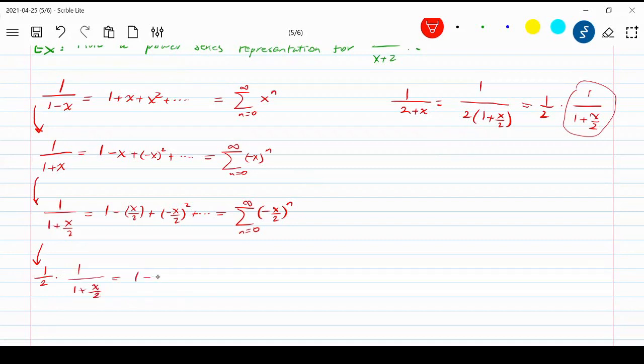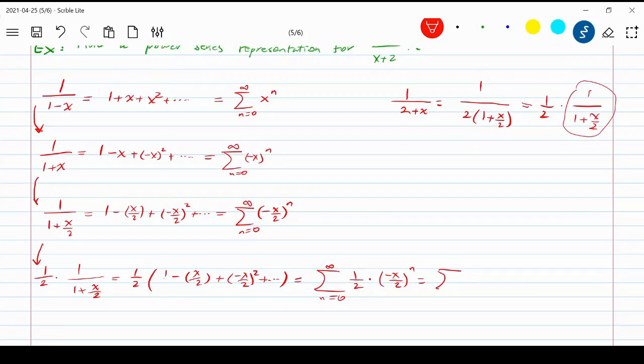This would be exactly 1 half times 1 minus x half plus negative x half to the power 2, and this is the same as saying summation of 1 half times negative x over 2 to the power n from 0 to infinity. You can kind of simplify this, by the way.